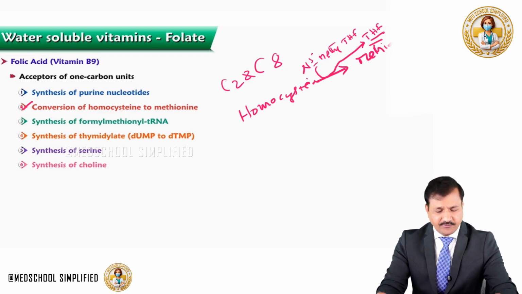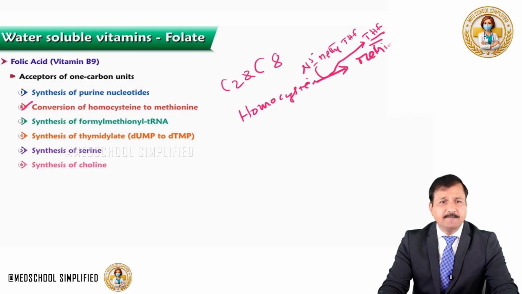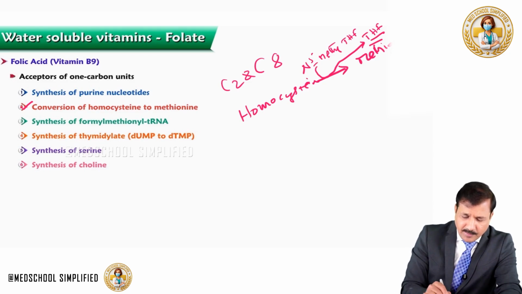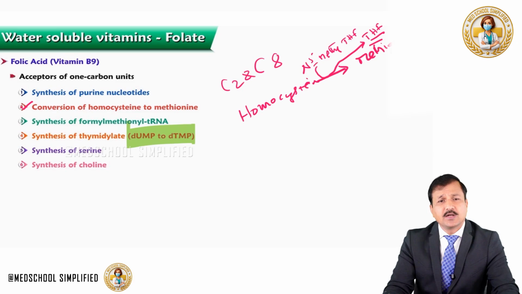Now the synthesis of formyl methionyl tRNA, which is required for initiation of protein synthesis in prokaryotes, especially in the mitochondria, and then the methylation of deoxyuridylate to deoxythymidylate, basically the conversion of dUMP into dTMP, done by thymidylate synthase enzyme.